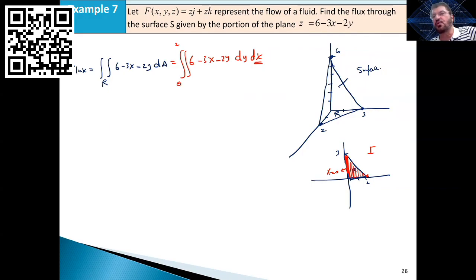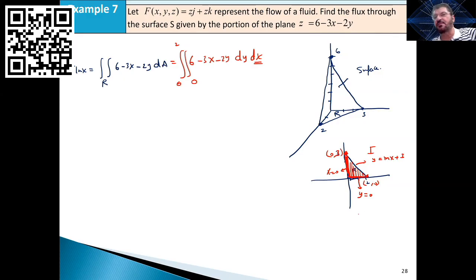How about for y? Who's at the bottom? This is y equal to 0. What is this? This is y equals mx plus b. What's b here? It's a 3. Now this point, by the way, is (2, 0), and this is (0, 3).